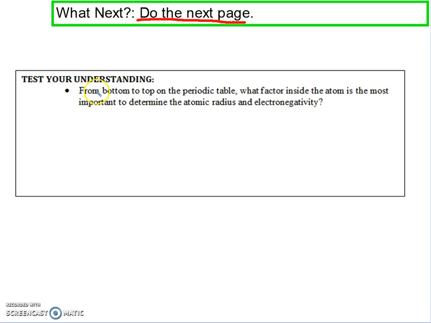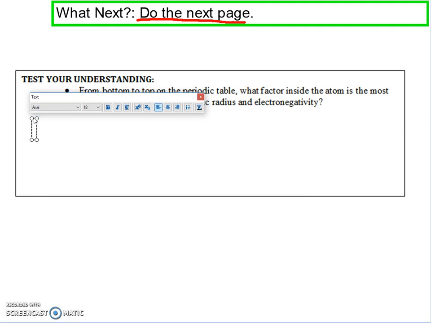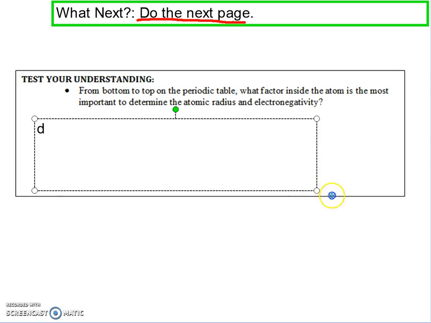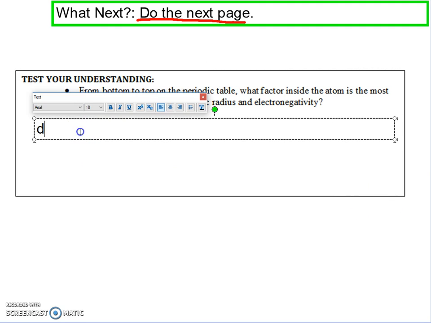Okay, so let's go over this. From bottom to top on the periodic table, what factor inside the atom is the most important to determine the atomic radius and electronegativity? Well, last time it was protons, remember? But this time, it's not going to be protons, because then our explanation doesn't make sense, because as you go down the periodic table, you have more protons, and yet it attracts electrons less.